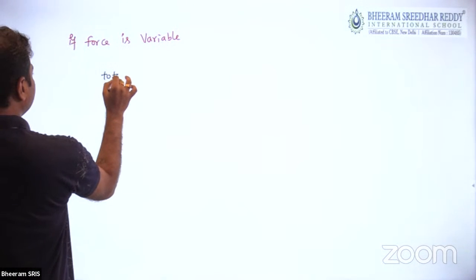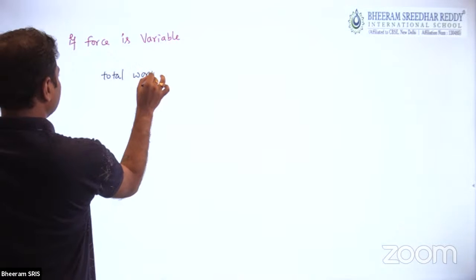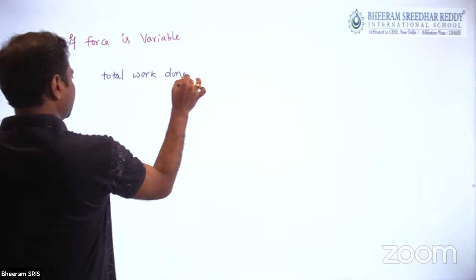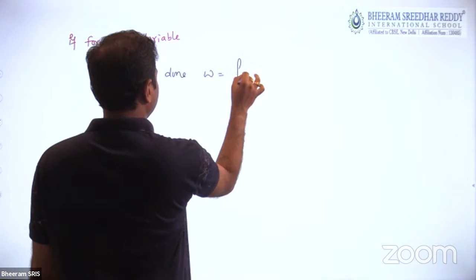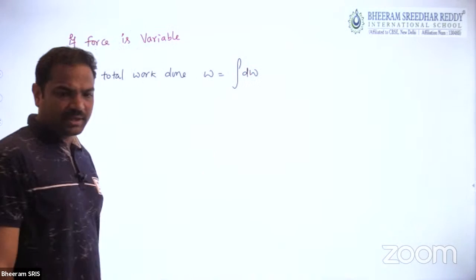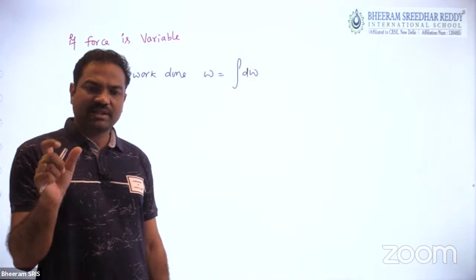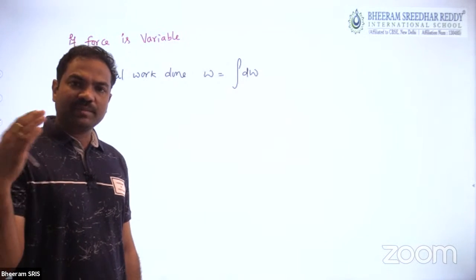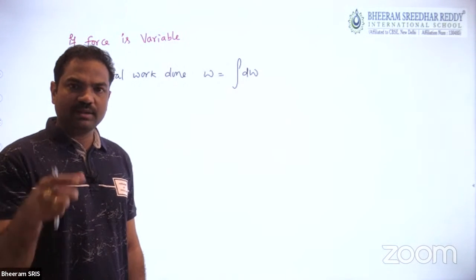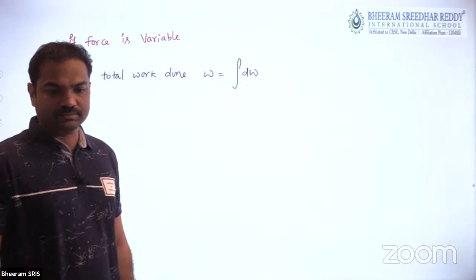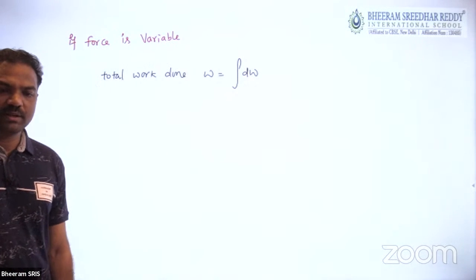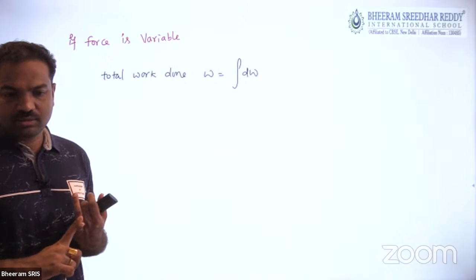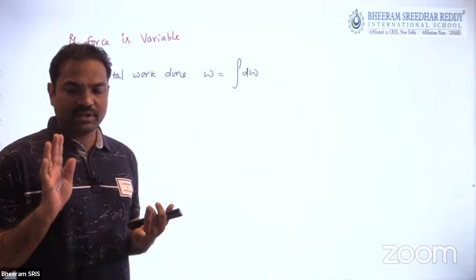Total work done should be written as integral dW. dW is the defined quantity, a known quantity to us. From dW, the small work done, you have to develop the total work done. Understood the logic?